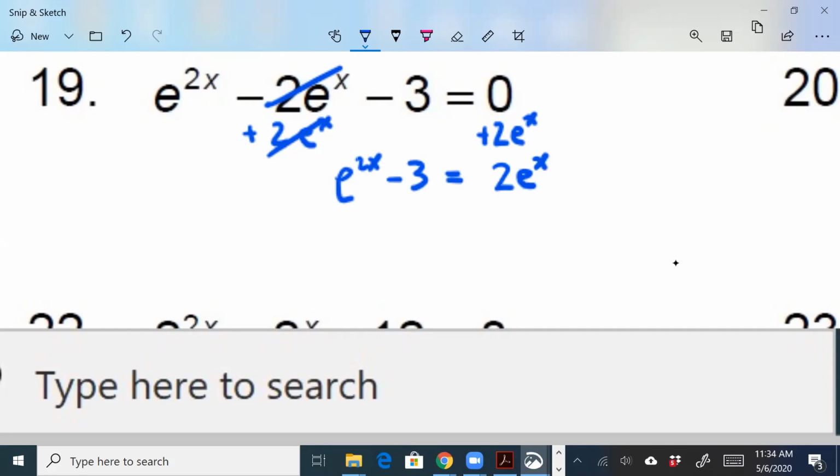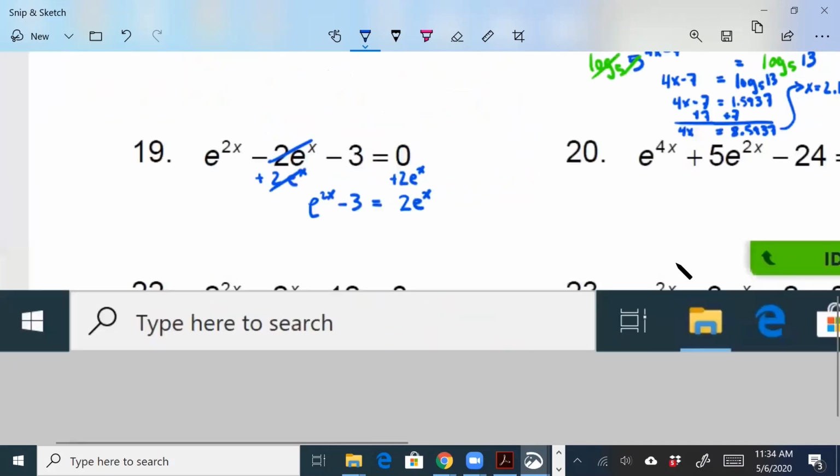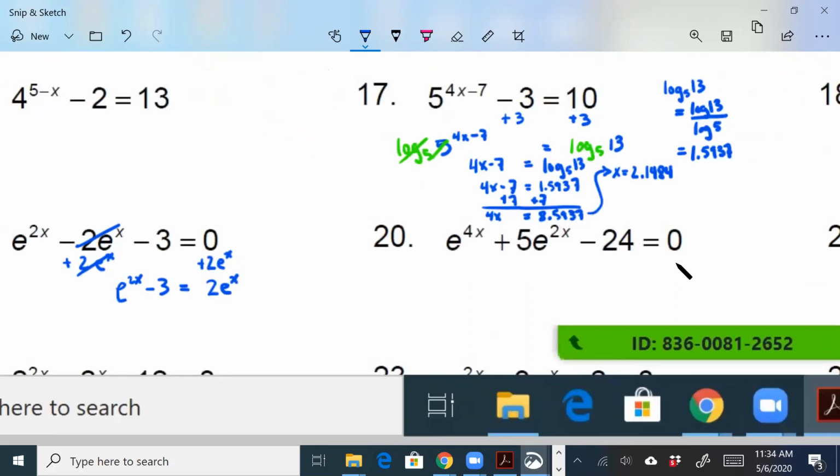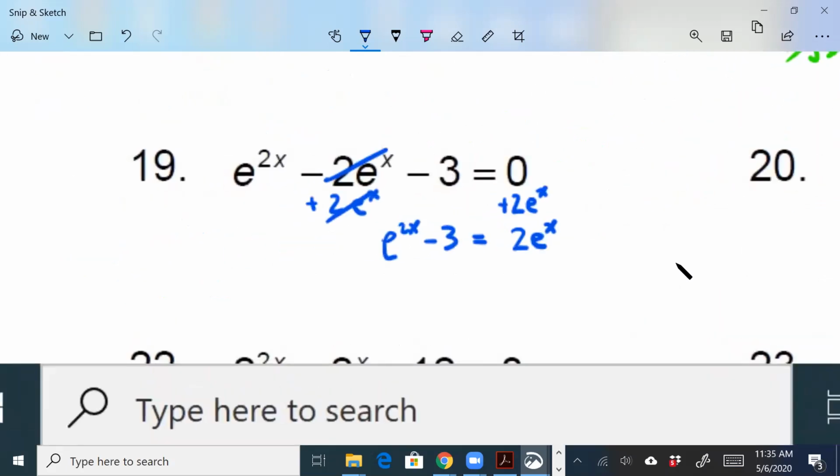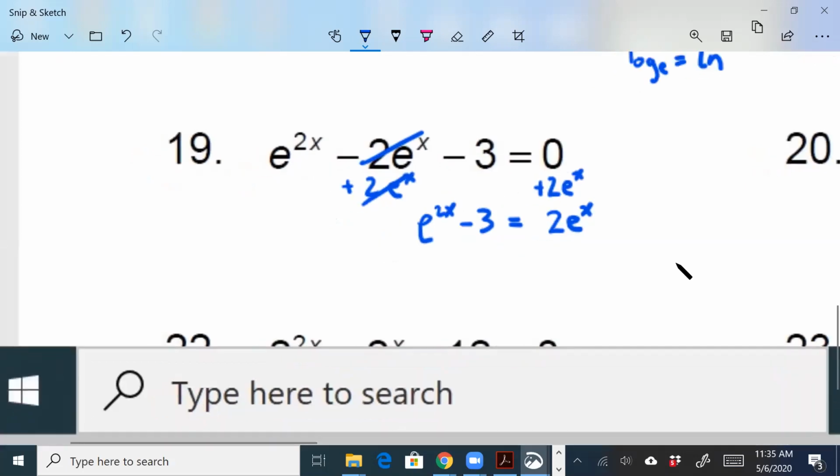And now, like in the past problems, we took the log base 5 of both sides because it was 5. Log base e, just as a reminder, log base e is the natural log, and we write that as ln.